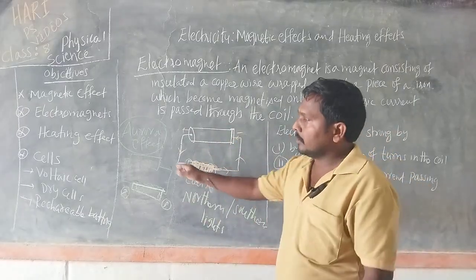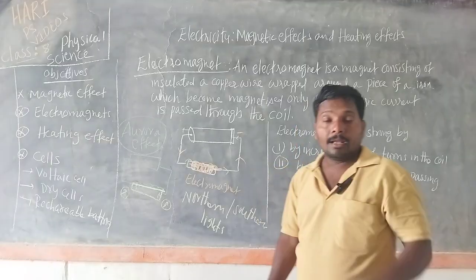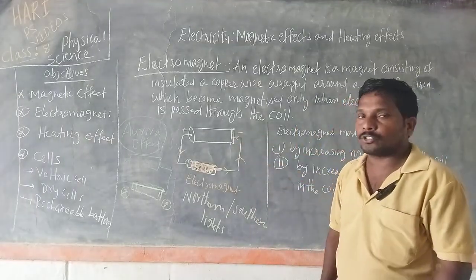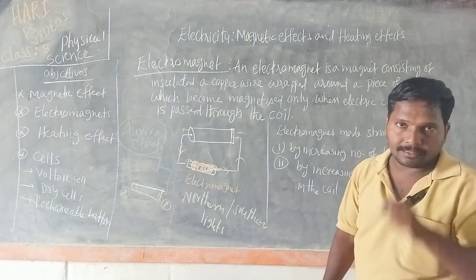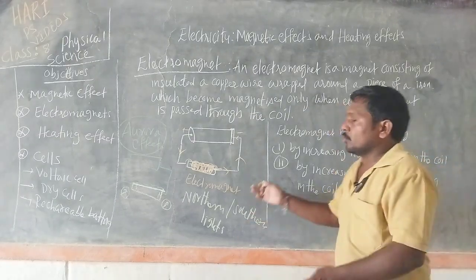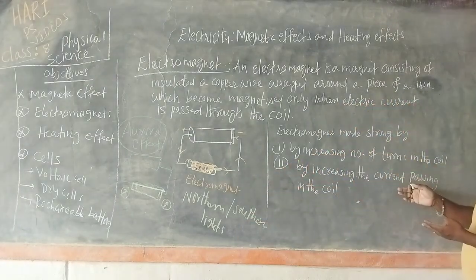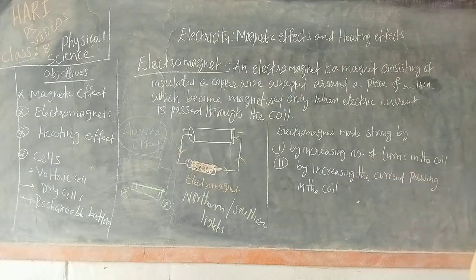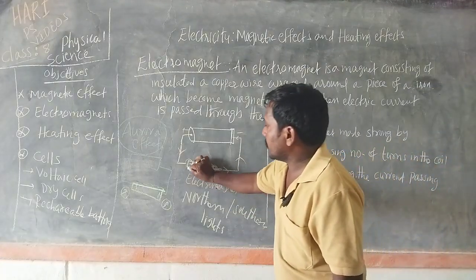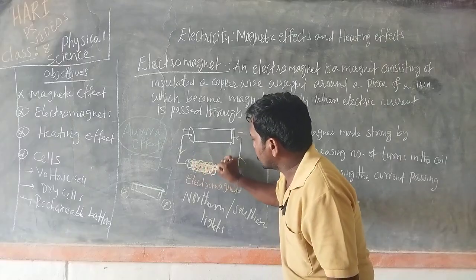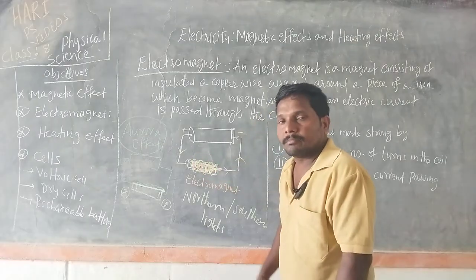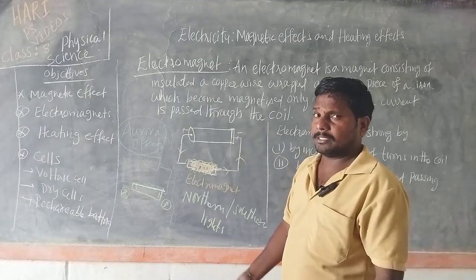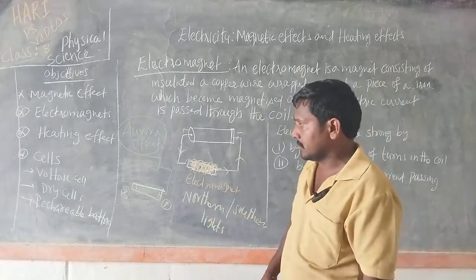We can also find the poles of the magnet. To increase the strength of the electromagnet, we have to increase the number of turns in the coil. When we increase the number of turns, the magnetic strength increases.